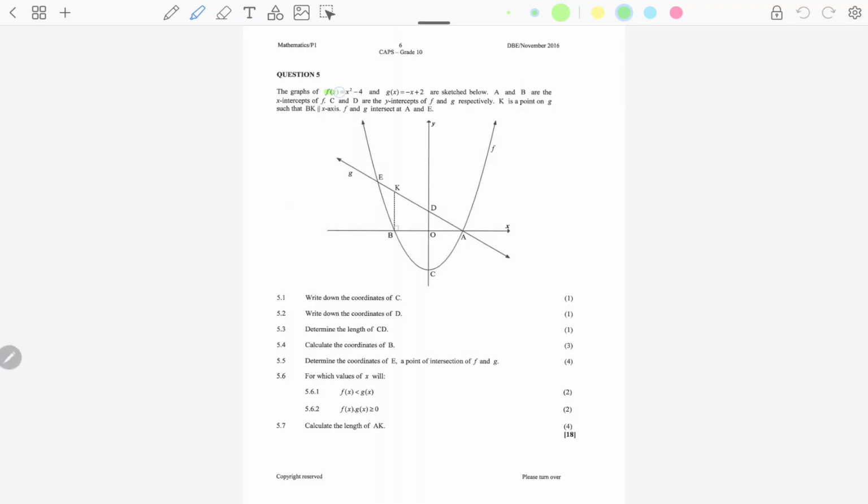So let's make f of x green. f of x is the parabola since it's an x squared, so let's highlight that. And g of x, let's make that pink. It's the straight line, and it's a negative straight line, so it goes from bigger to smaller, and that's pink there.